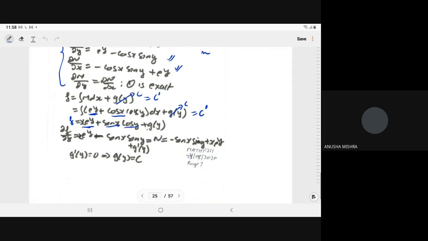Yes, sir. Here, when you wrote f is equal to x e to the power y plus sine x cos y, there was one doubt. We are integrating now. Here, the integration of e to the power y is x e to the power y. Here, the integration of cos x is sin x.